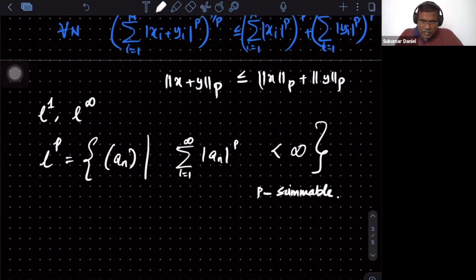And it does the other thing also. So on this LP, we can very well define this p-norm.